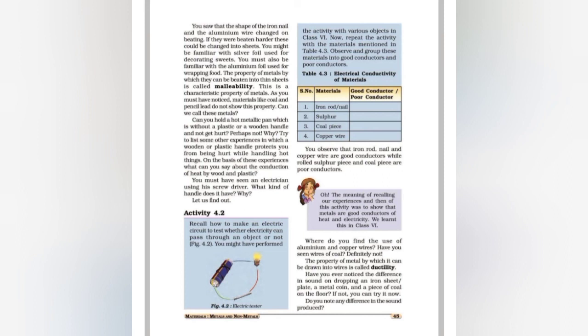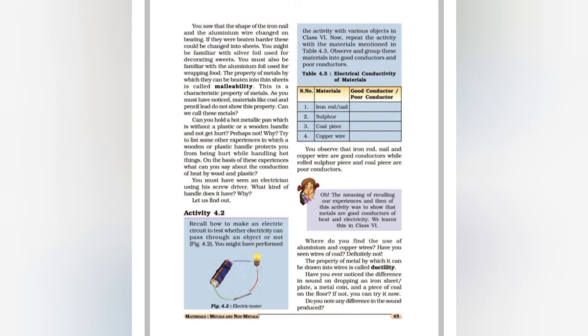So students, before we discuss the next property of metals, we will discuss ductility and the conductivity of electricity. By performing activity 4.2, we can say that metals, for example iron, aluminium and copper, are good conductors of electricity, but non-metals like coal and sulfur are poor conductors of electricity.